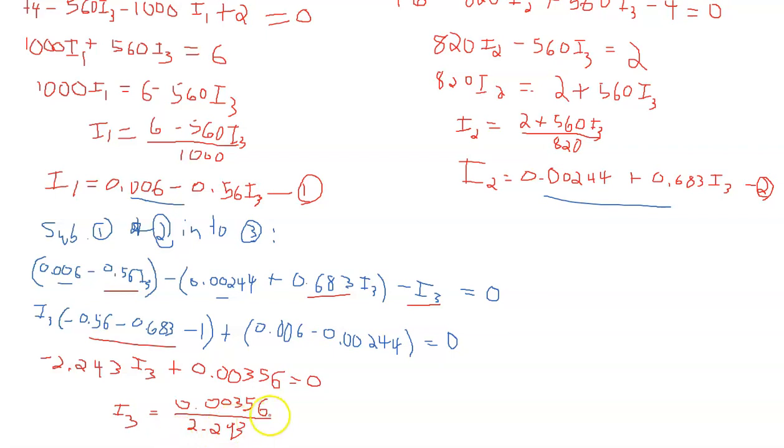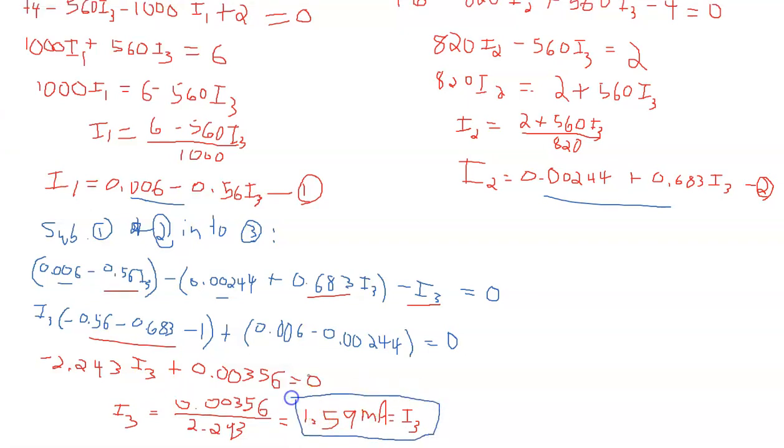The idea is that when we do the calculation, we're getting a positive value for I3. And if you work that out now, you come up with 0.00159 if we round it to 3 significant digits, which is 1.59 milliamps. And I think that agrees with the solution that we had above. Obviously it does. And so now we have I3.